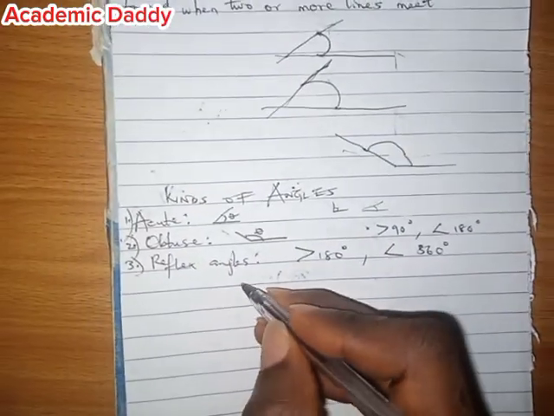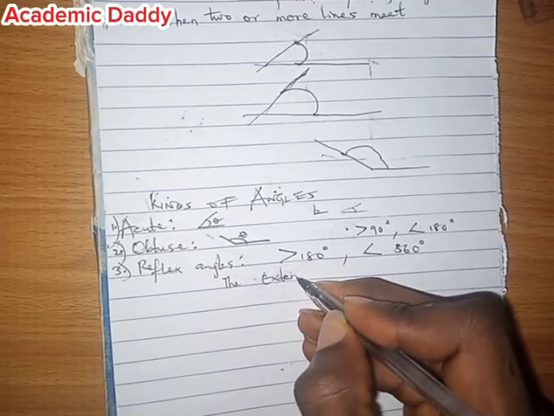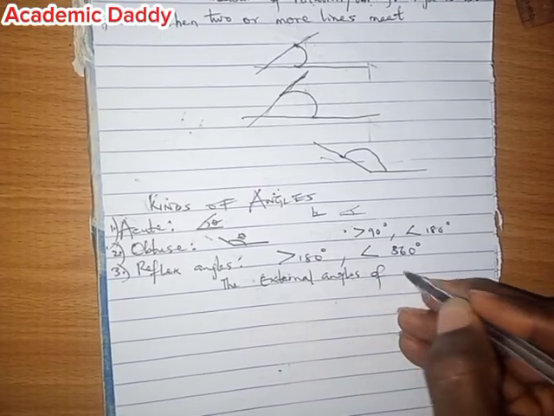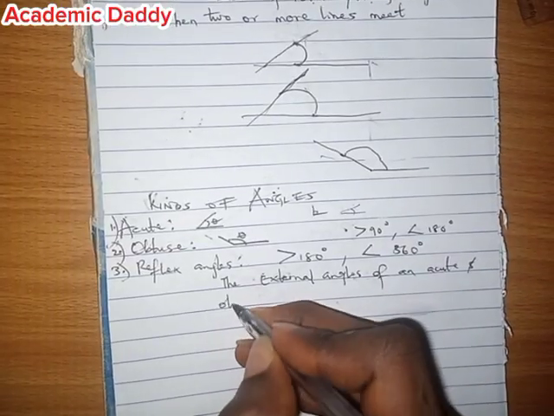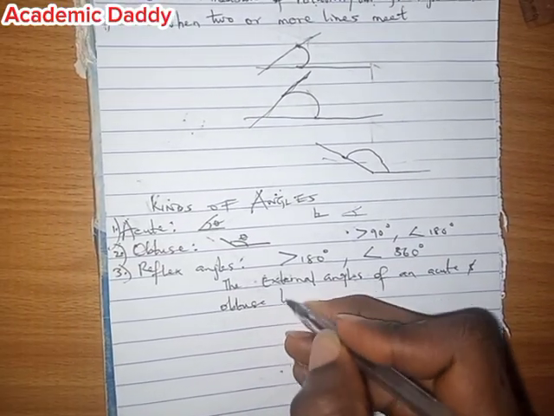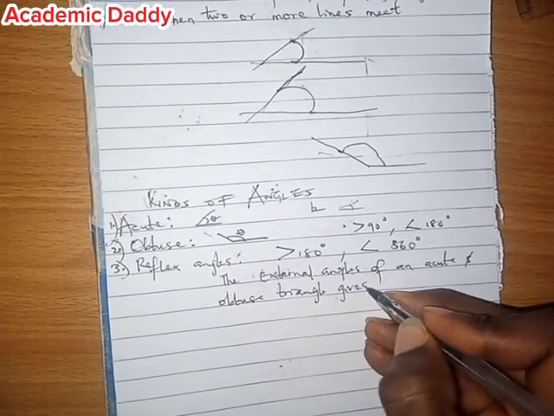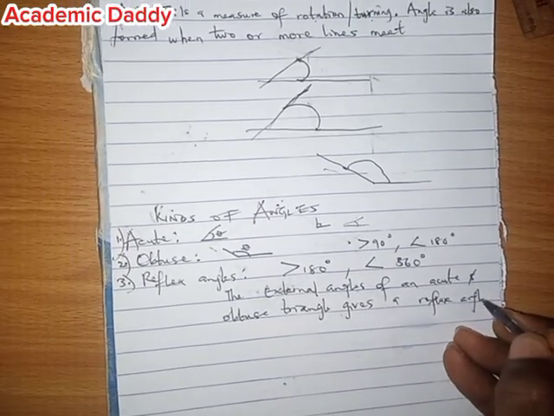And you need to know that the external angles of an acute and obtuse triangle give a reflex angle. So see what I mean?